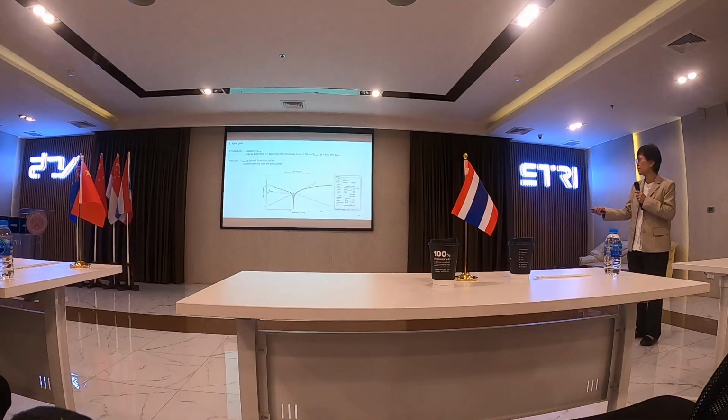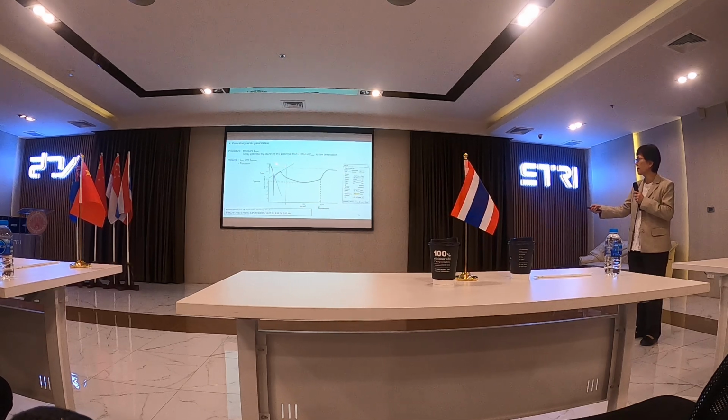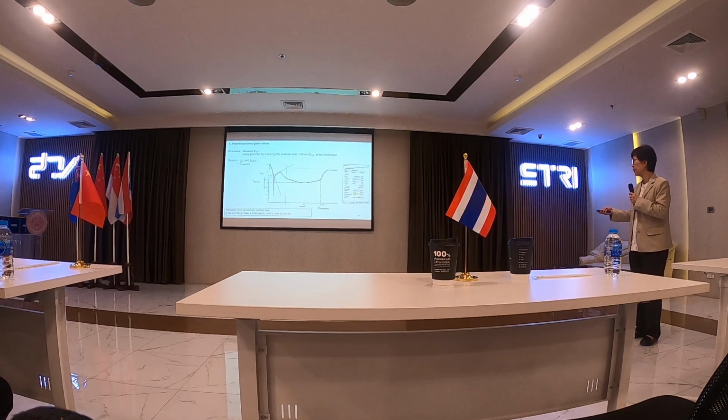This is the Tafel plot you have seen before, where we can get the corrosion current and the corrosion potential. This one is potentiodynamic. So we have here the breakdown potential as well as the corrosion rate.